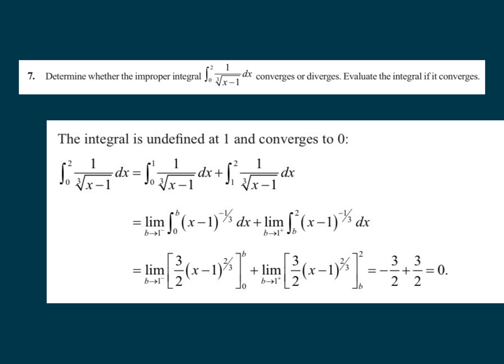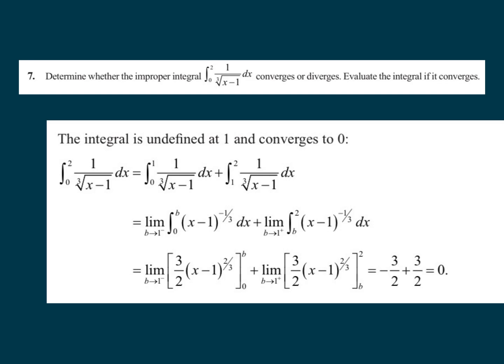No problem. The problem is at x equals 1. Between the interval 0 to the point 1, it's here, and at the point x equals 1 the function is not defined. So we need to do the integral in two parts.